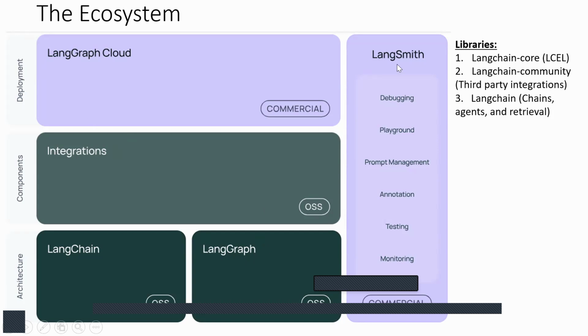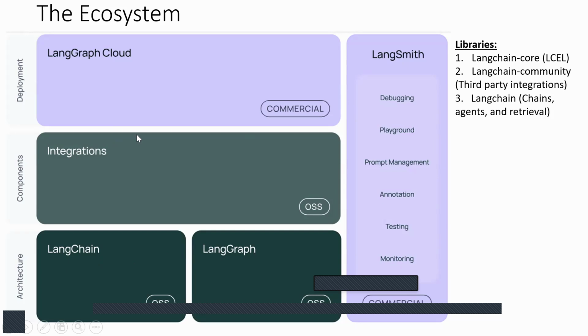And the most important offering is called LangSmith. LangSmith is a monitoring tool. Whatever code we write in LangChain, we will be building components, integrating them with the LLMs, and creating chains.